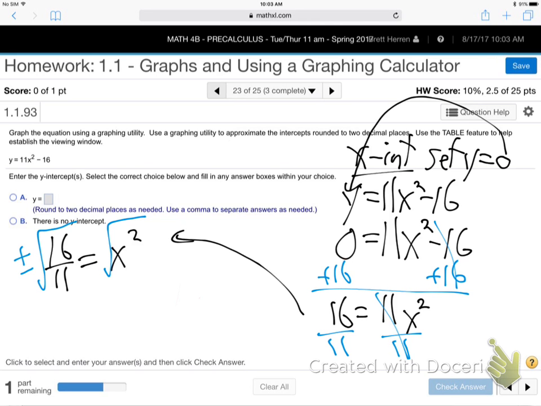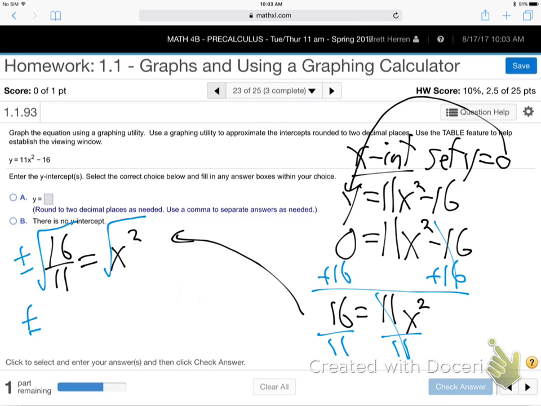So, yeah, they probably just want a decimal. So at that point, just hit the buttons on your calculator. I got my calculator, here, I'll do it too. So it's the square root of 16 divided by 11.